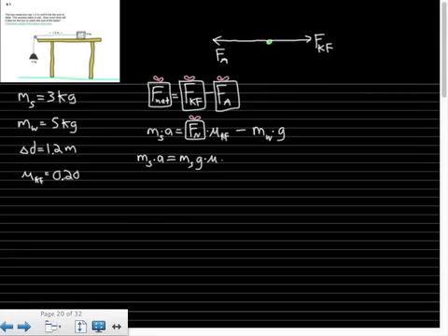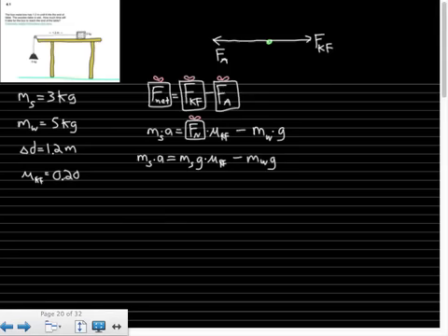So the equation becomes the mass of the system times gravity times the coefficient of kinetic friction, minus mw, the mass of the weight, times the acceleration of gravity. Now that we have it all symbolically written out, we can plug stuff in.